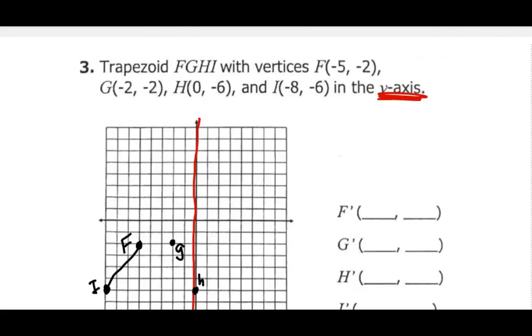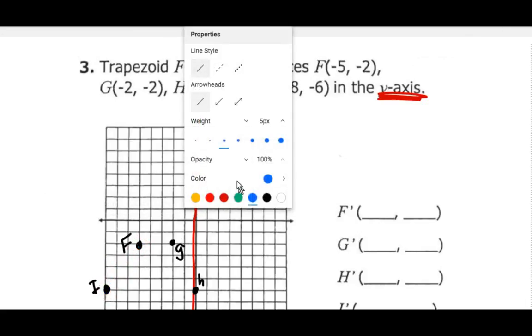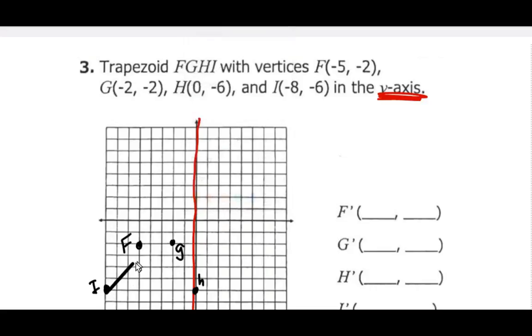Oh, that's horrible. Let me get my line total. So connect our points, make our trapezoid. Definitely use a straight edge for this so that you don't have crazy squiggles like I had a second ago. All right.